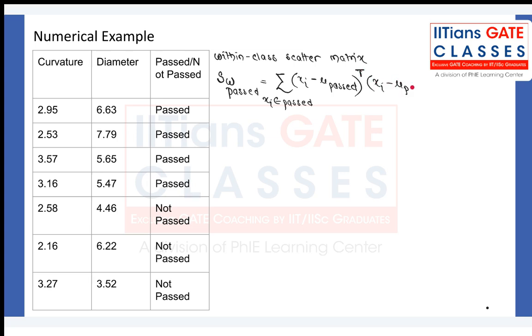So you take all the points xi belonging to the passed category, subtract the mean, and take the dot product.